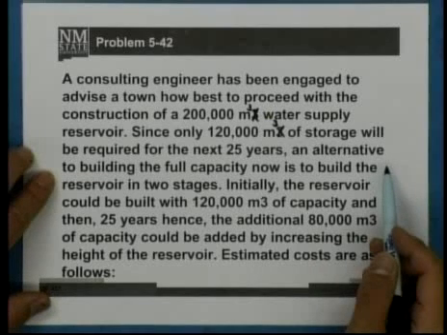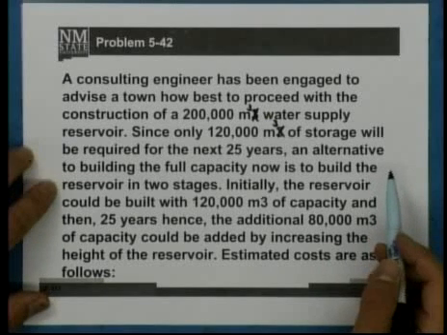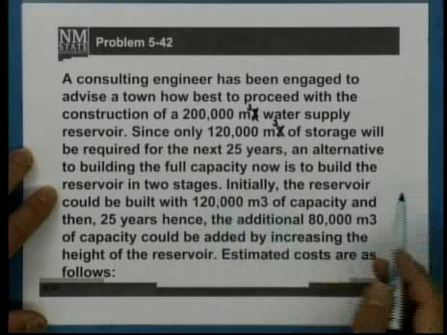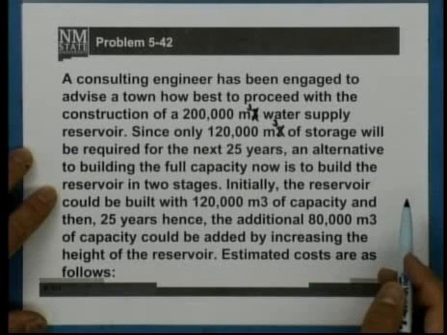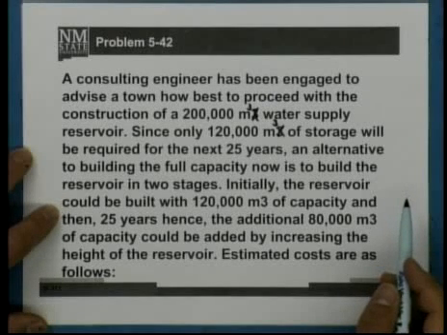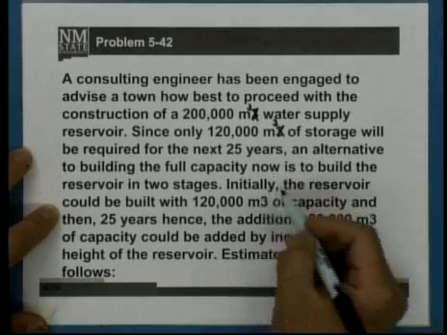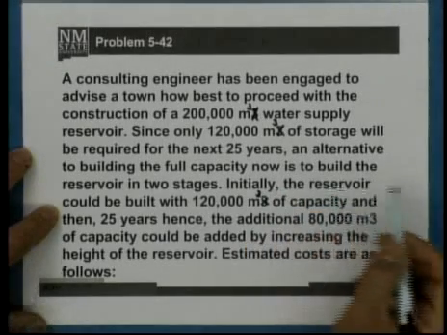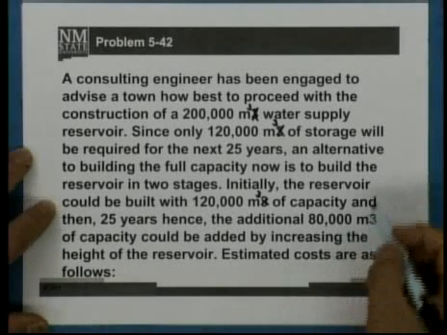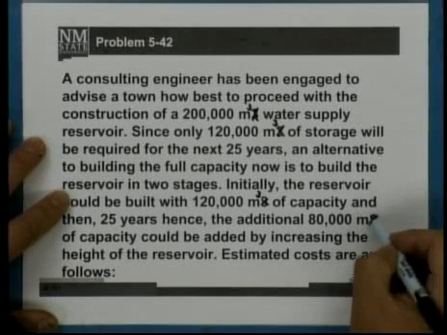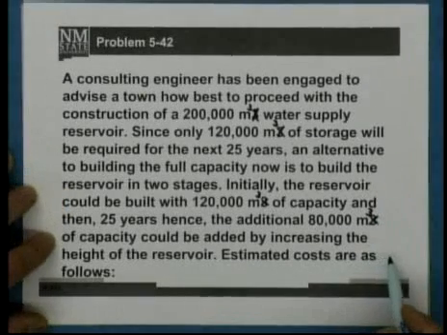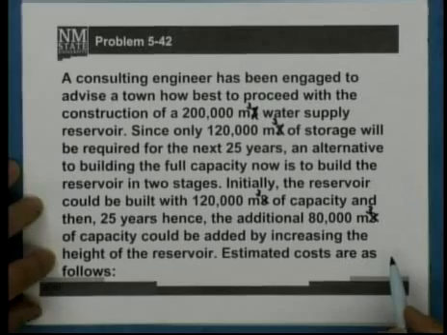An alternative to building the full capacity now is to build the reservoir in 2 stages. Initially, the reservoir could be built with 120,000 cubic meters of capacity, and then 25 years hence, the additional 80,000 cubic meters of capacity could be added by increasing the height of the reservoir.